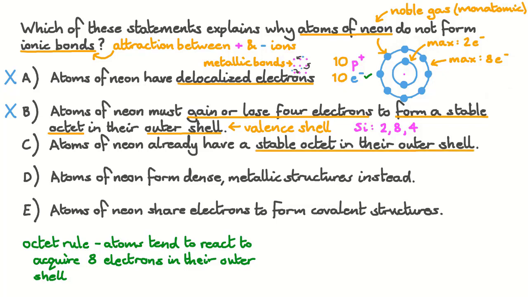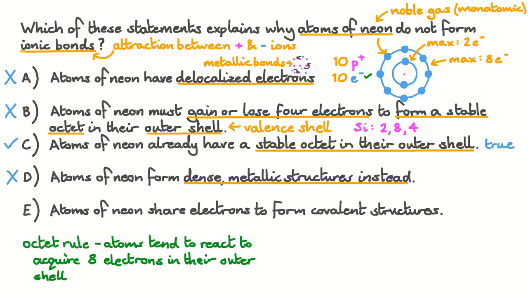Statement C says that atoms of neon already have a stable octet in their outer shell. This is true. The octet of electrons in the neon atom is particularly stable, so we don't see neon reacting to lose or gain electrons and form ionic bonds. However, just in case, let's have a look at the other 2 answers. We've already identified that neon is non-metallic.